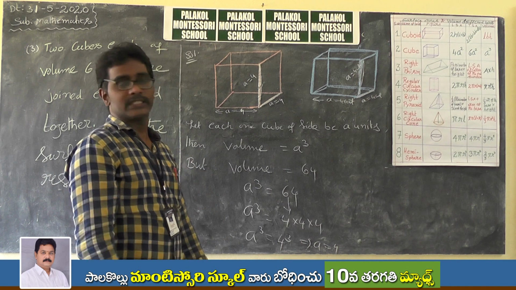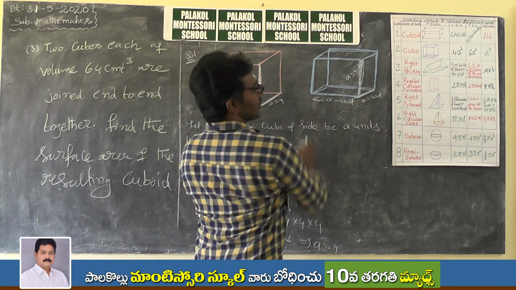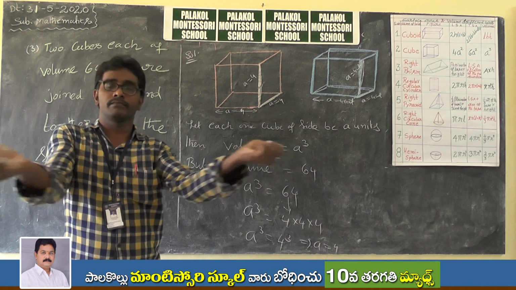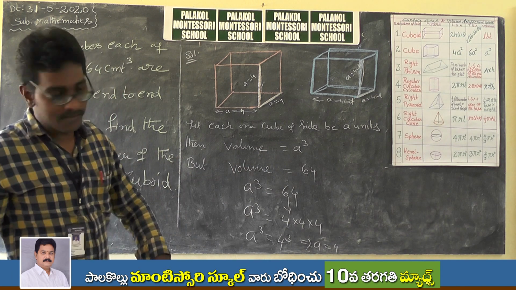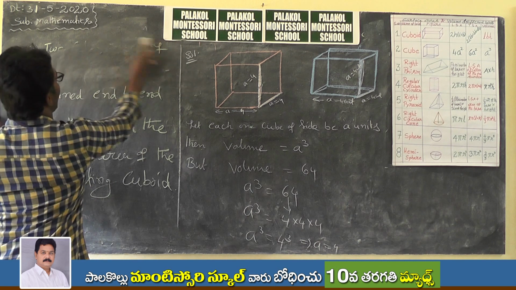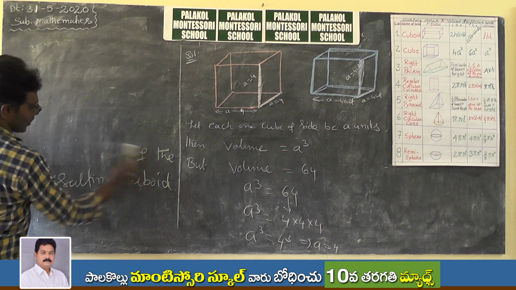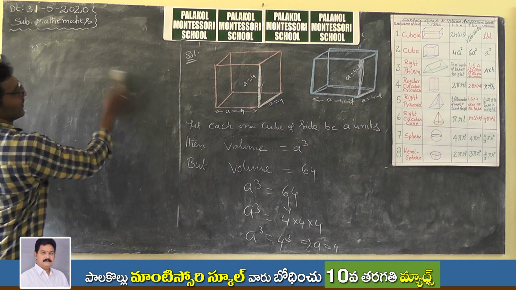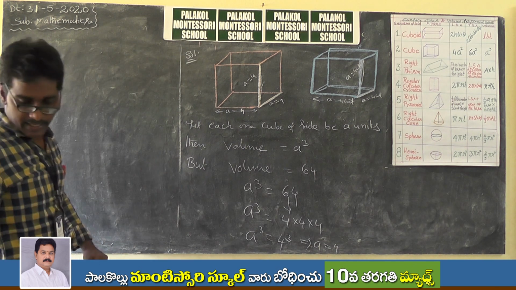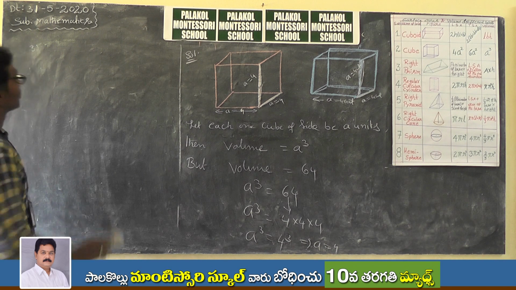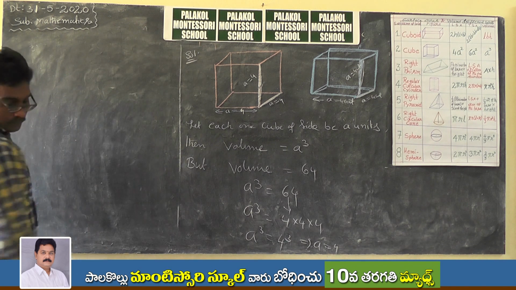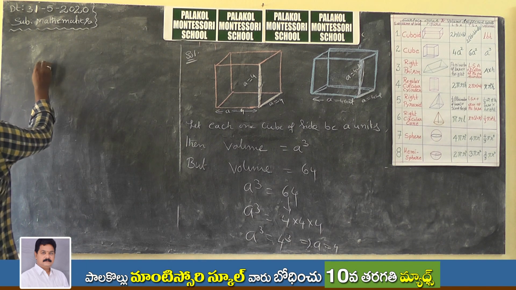Now what do you do? Put them end to end together. End to end together, it forms one figure, that is a cuboid. See, like this it forms.